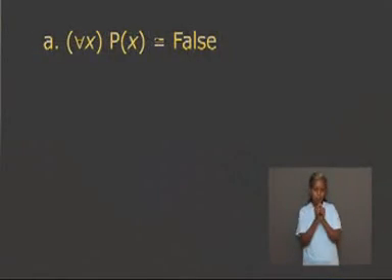Time's up. Let's get back to our lesson. Welcome back, students. Did you determine the truth value of the statements? Let us find the answers together. The first statement is false. There are many values of x that do not satisfy the condition.